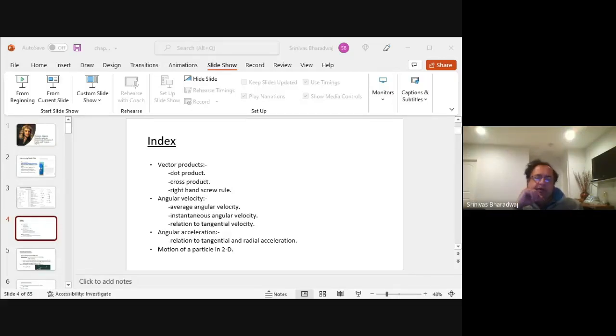So work is F dot ds, where F is a non-incremental entity and ds is an incremental entity, which is the distance moved. You apply a force over a distance moved.